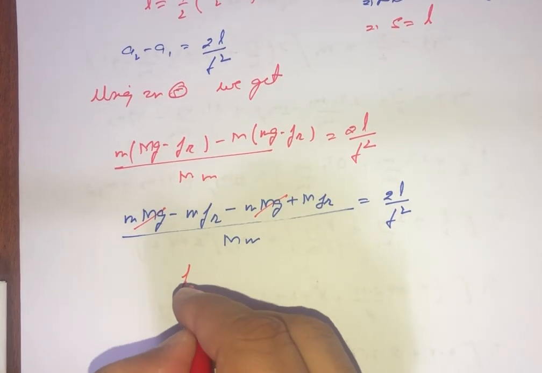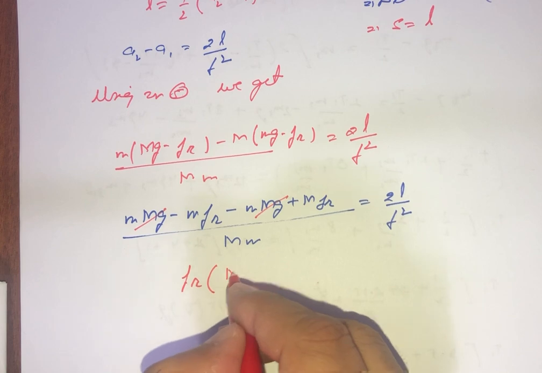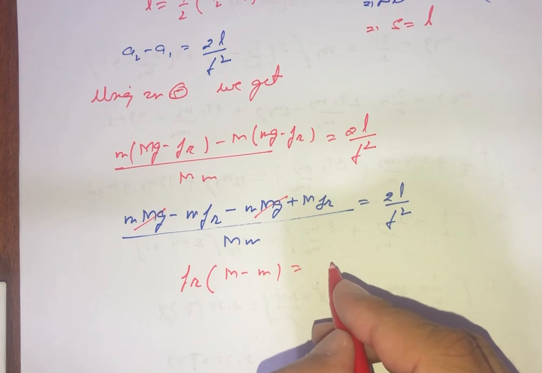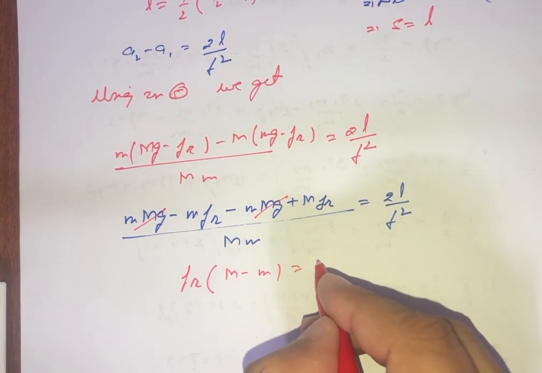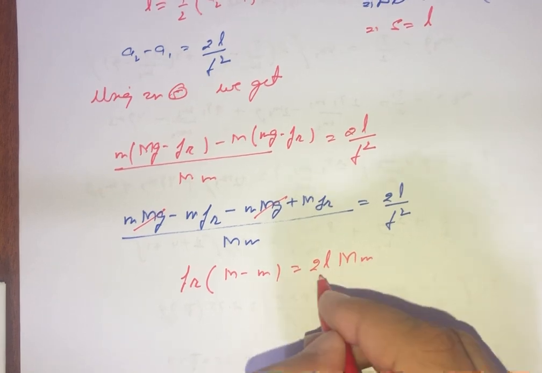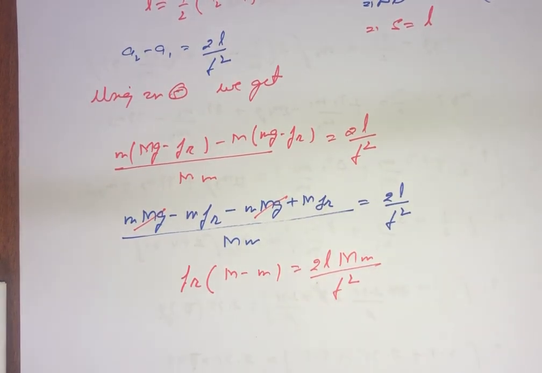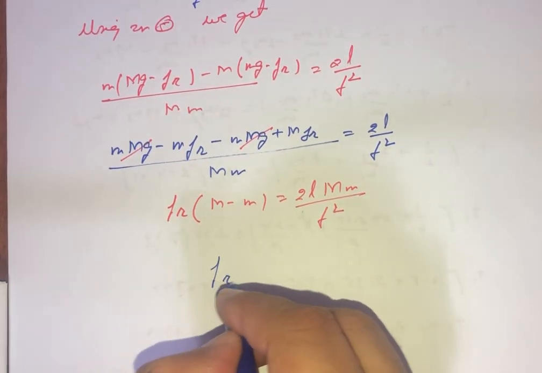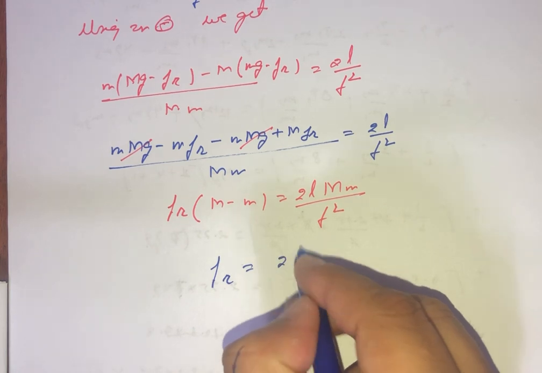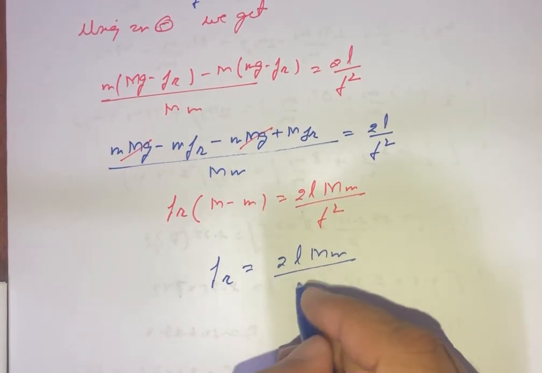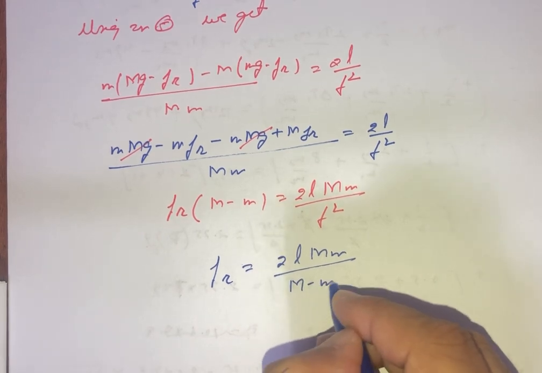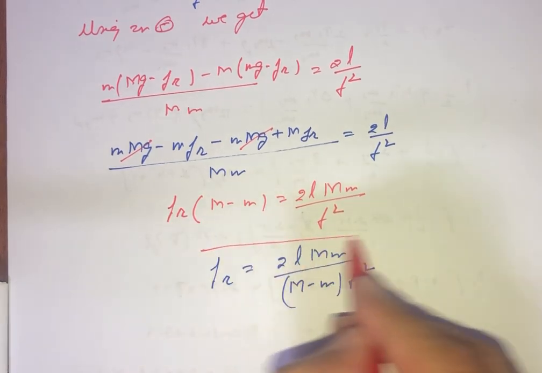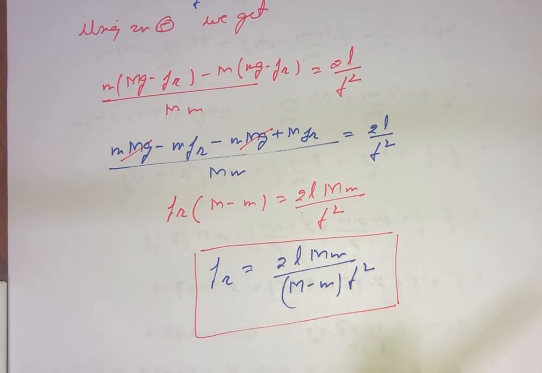So Fr times (capital M minus small m) is equal to 2LMm upon t square. So from here you can see the force of friction will be equal to 2LMm divided by (capital M minus small m) into t square.